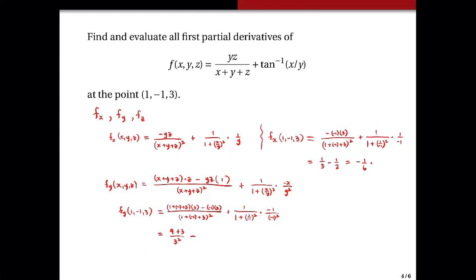And then this guy is 1/2. So we have minus 1/2. So simplifying, we have 12 over 9 minus 1/2. 12 over 9 is 4 over 3. 4 over 3 minus 1/2, and this is equal to what? 8 minus 3, so that's 5 over 6. This is 5 over 6. Okay? Questions?